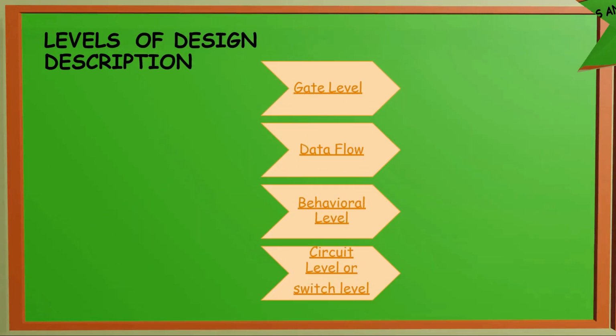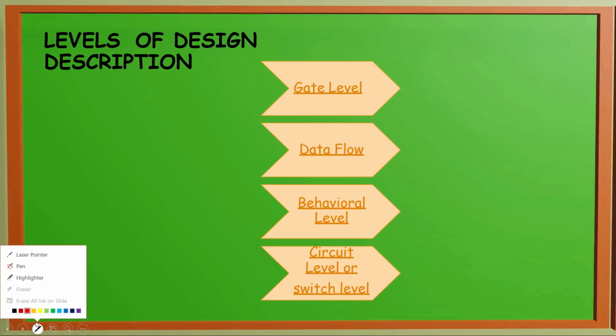There are various levels of design description in VHDL. These are almost the same as in Verilog. There are various levels, as we can see. At the bottom, the very basic level is the switch level, that is the transistor level. At transistor level we can design the system, but it is applicable if very few gates are involved.